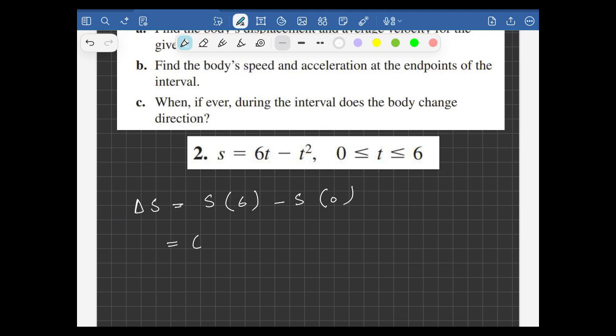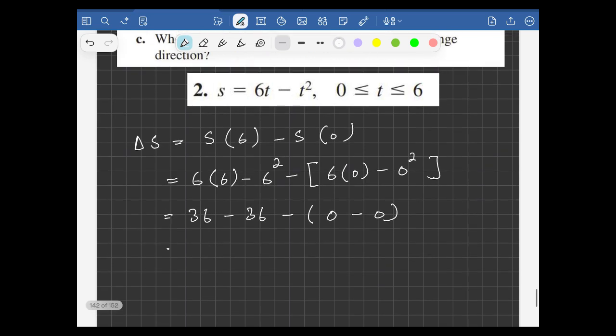So let's work out 6 into 6 minus 6 squared. It's 36 minus 36, minus 6 into 0 minus 0 squared. Anything raised to a power of 0 itself is 0. So it's actually 0 meter. So displacement is 0 meter.